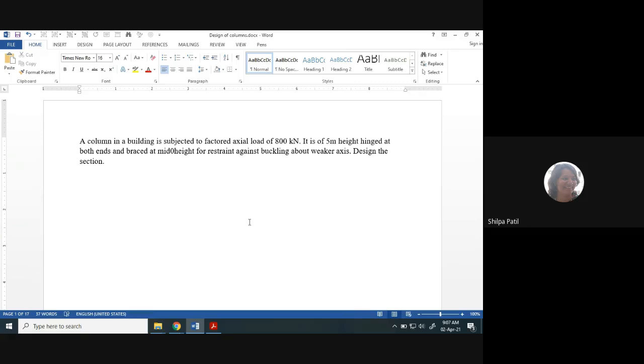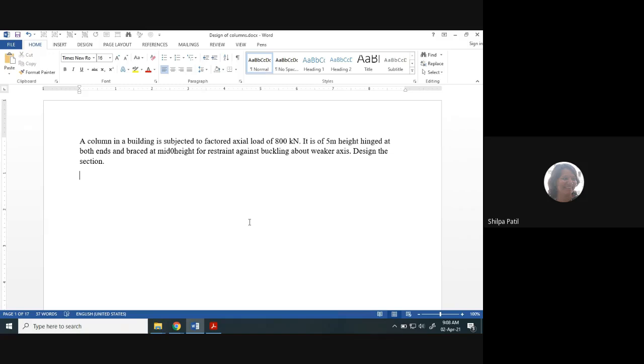Depending upon the support condition, we decide the effective length for the given column, and based on the buckling class and effective length, we calculate the slenderness ratio. By making use of suitable tables or the formula, we find out the FCD value, which is the design compressive stress of the member, and then finally we calculate PD, that is the load carrying capacity of the section. This is the design process.